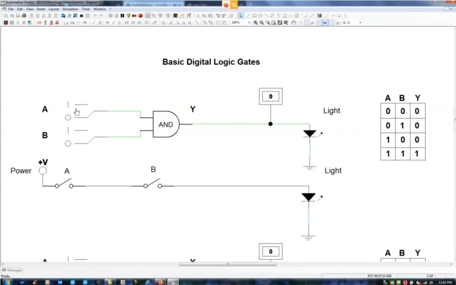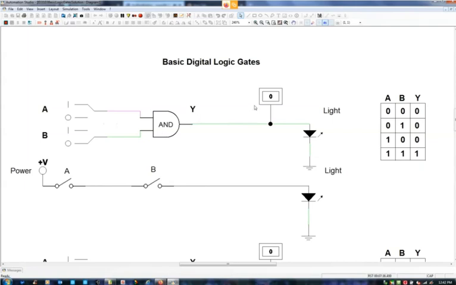So the AND instruction is kind of like two switches in series. If I click on this switch here, you can see that it changes color. So now we are passing voltage into the AND chip here, but we don't have an output yet.